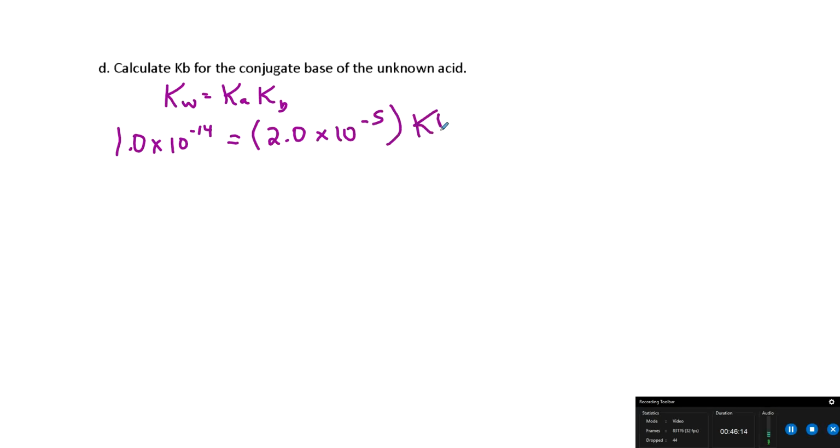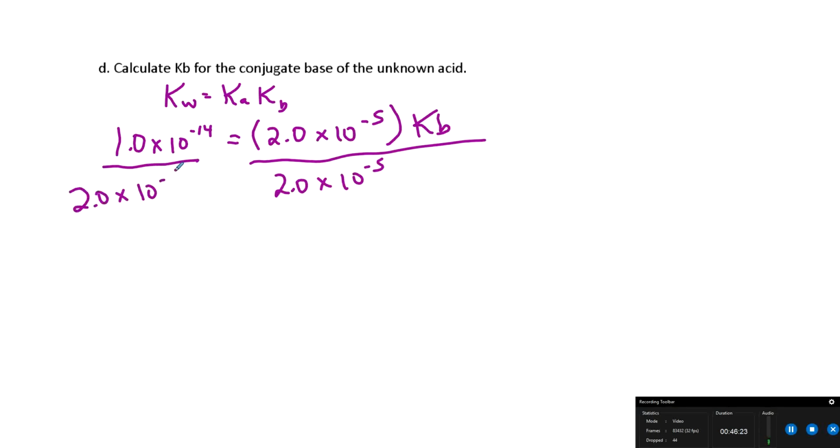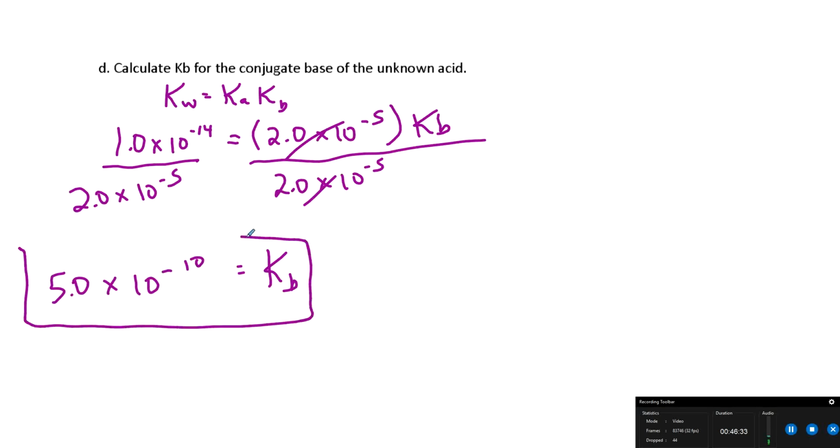So let's find Kb. We'll divide by 2 times 10 to the negative 5 on both sides. Kb then equals 5 times 10 to the negative 10. And there you have it.